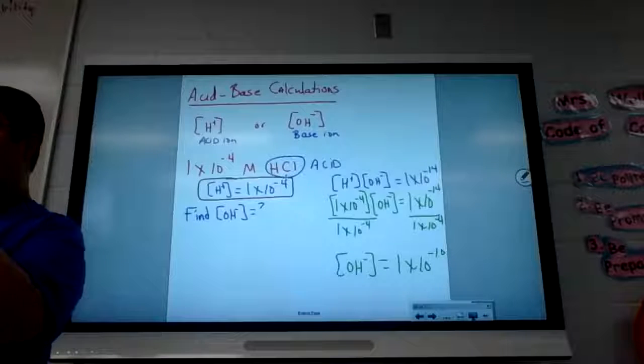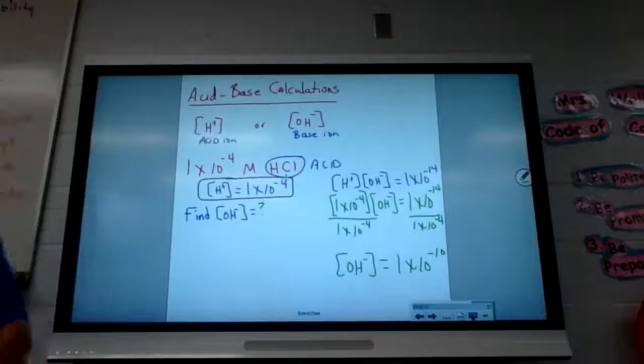We have to find a formula that has both of those things in it. We picked it because it has both H plus and OH in it. None of the other formulas have both of those things. That's why we picked it.